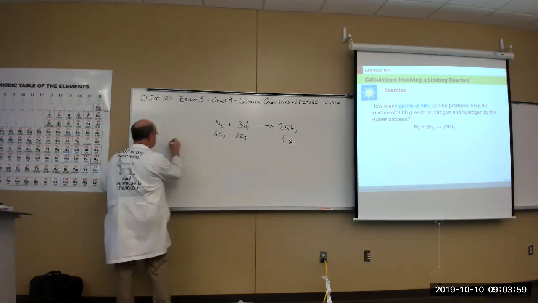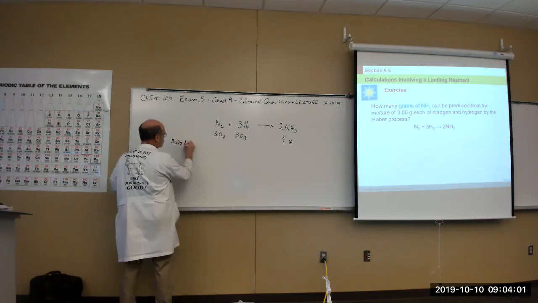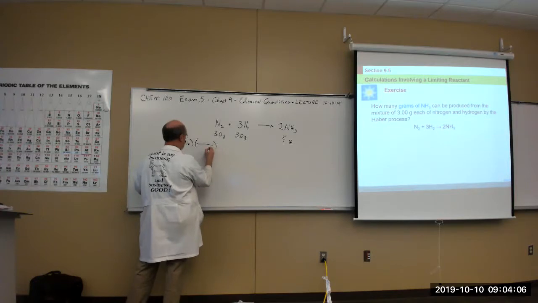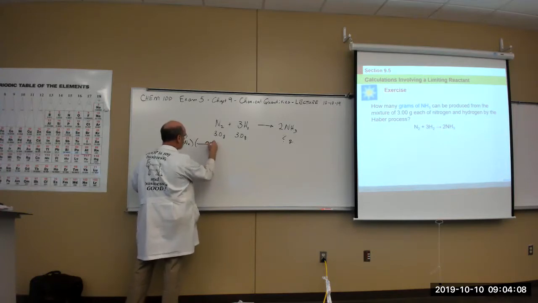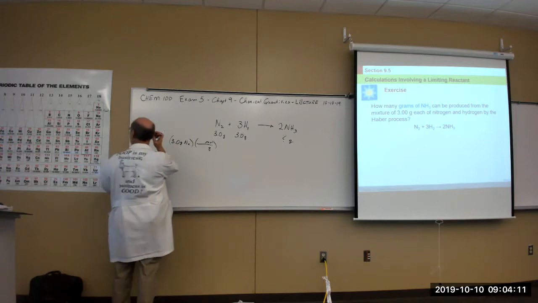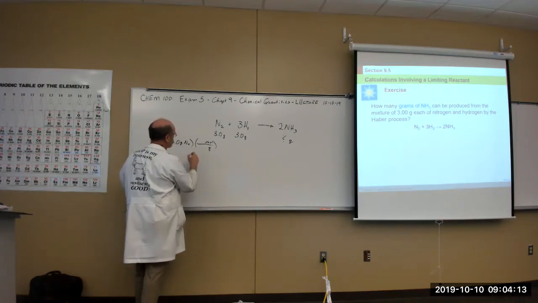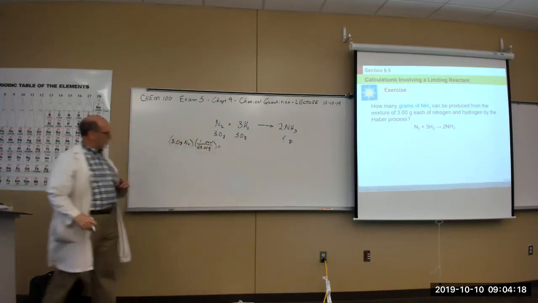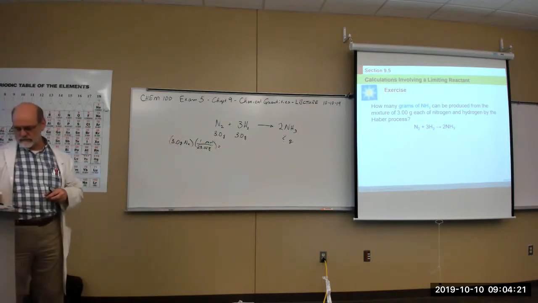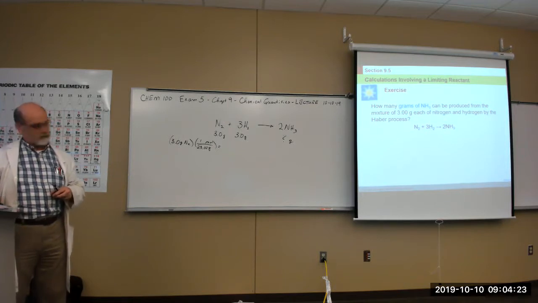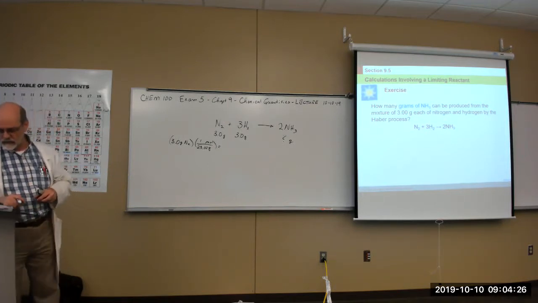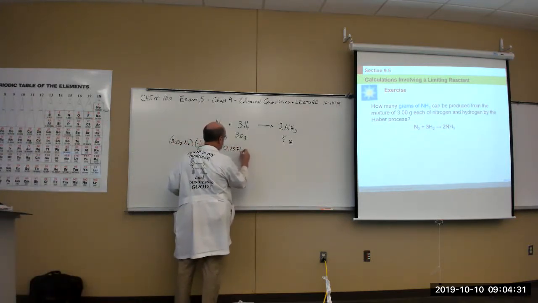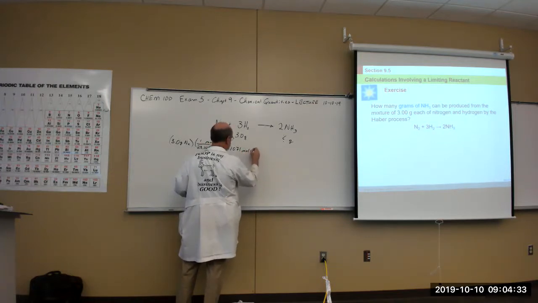So this 3 grams of nitrogen converted to moles. Nitrogen is 14.01 times 2, which is 28.02. Okay. So that's how many grams per mole of nitrogen we have. Divided, that's 0.1071 moles of nitrogen.